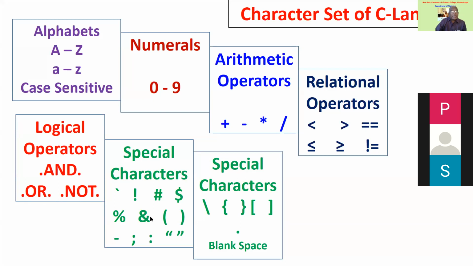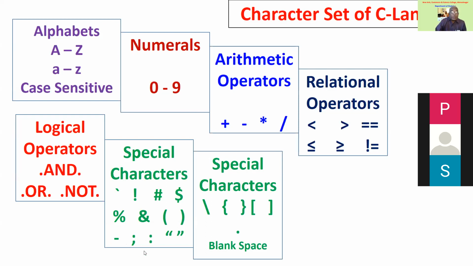Then there are special characters. See these special characters: single inverted comma, exclamation mark, hash, dollar, percentage, left parenthesis, right parenthesis, underscore. There is a difference between minus and underscore.